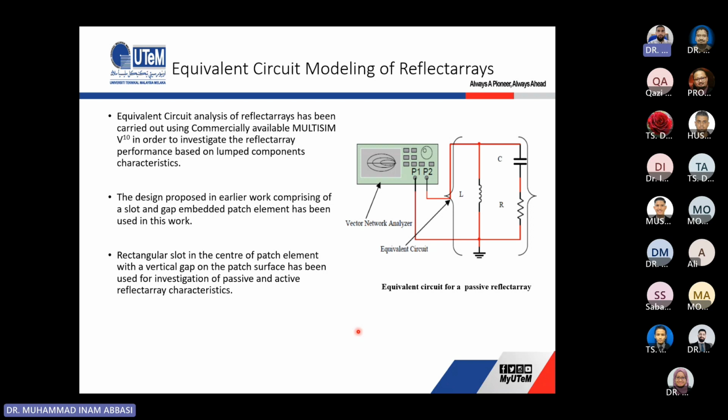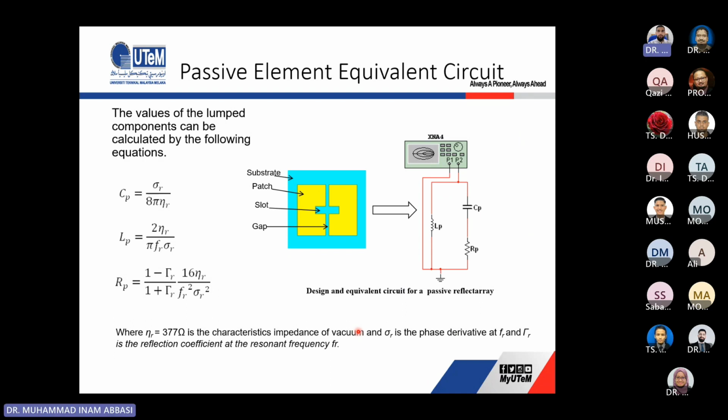For this particular design, we can calculate the values of the capacitance, inductance, and resistance by using these equations. We calculated these values and used Multisim to simulate this simple circuit with a vector network analyzer.